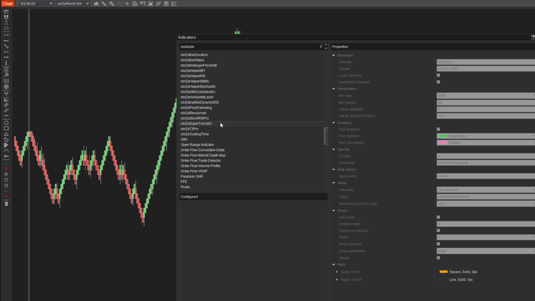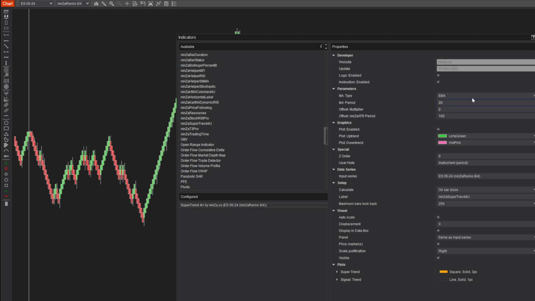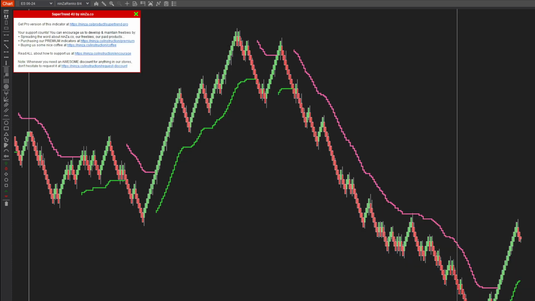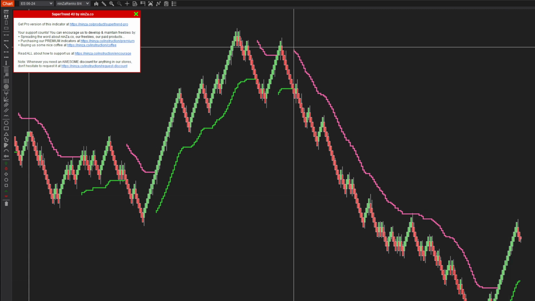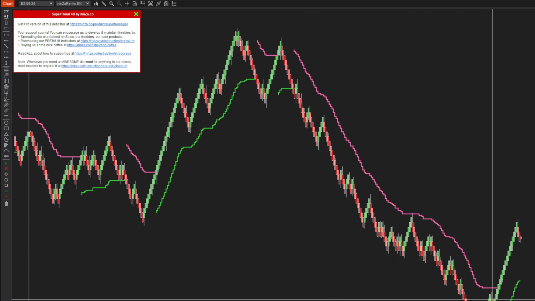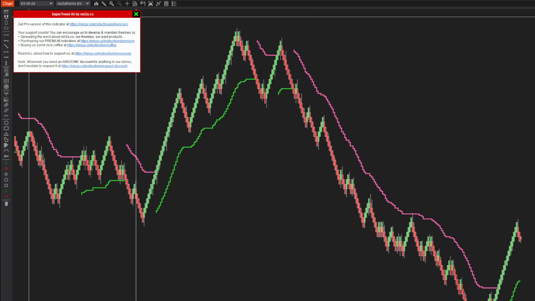So let's take a look and see how the super trend looks here. It's using different methods to measure the trend, and you can see how this one pretty much just tells you when the trend is down and the trend is up based on the moving average.